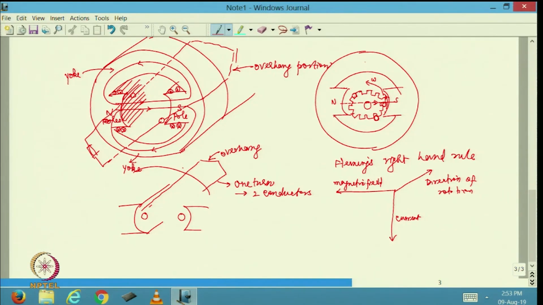Let me take a conductor here which is showing a vertical direction of rotation. If I say this is the x axis and this is the y axis, the other one is the z axis. So, the z axis will show me the current either going into the board or coming out of the board. If the current direction is showing like this, here this is going to be dot and this is going to be cross.